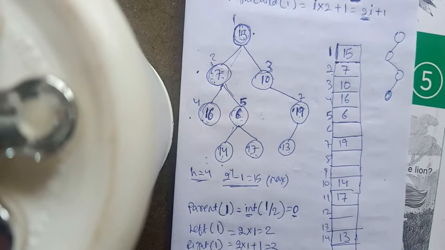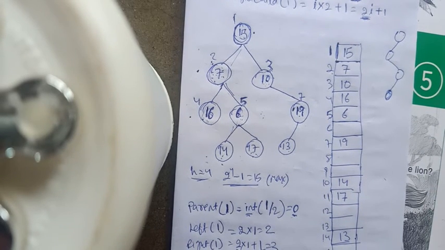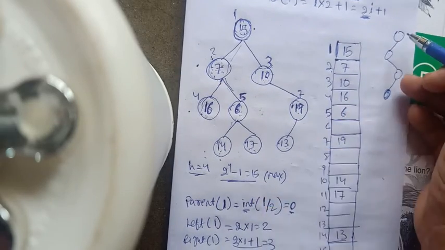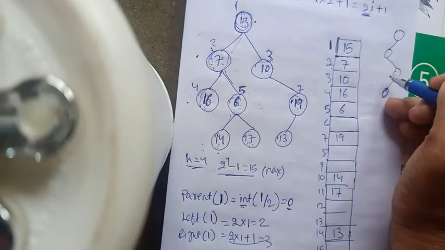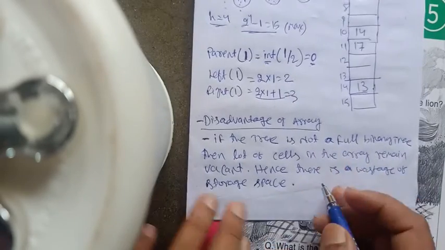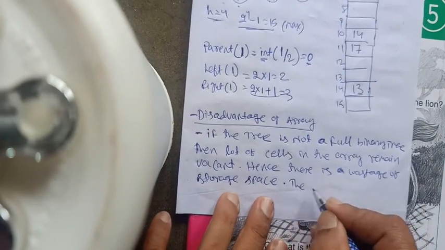And when the binary tree is skewed, the wastage is significantly more, because I have to reserve memory space for 15 cells, but I could only store 4 nodes. So that is a wastage of 11 memory cells.